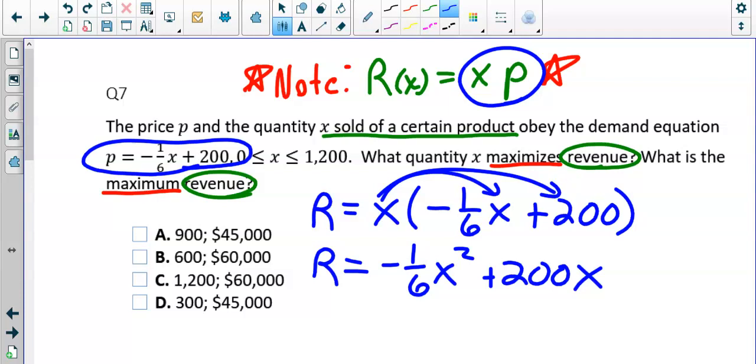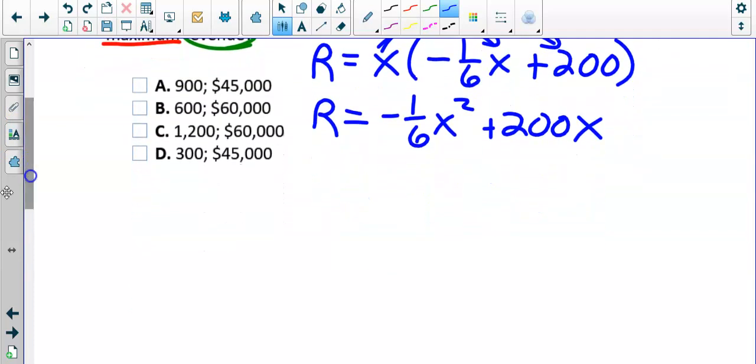Now, we can go under our calculator, and we can have our calculator help us out, but we got to do a lot of window adjusting. This is where I'm going to rely on the algebra skills. Okay? How do we find the vertex of a quadratic? What do we do first?